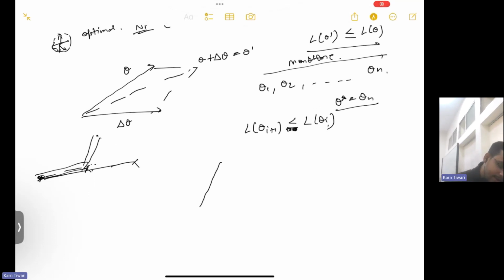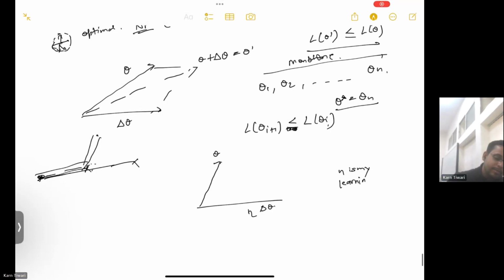So basically, we have been given theta, del theta. So instead of using all of del theta, that's the change we want, we are going to update it using eta. Eta is my learning rate.